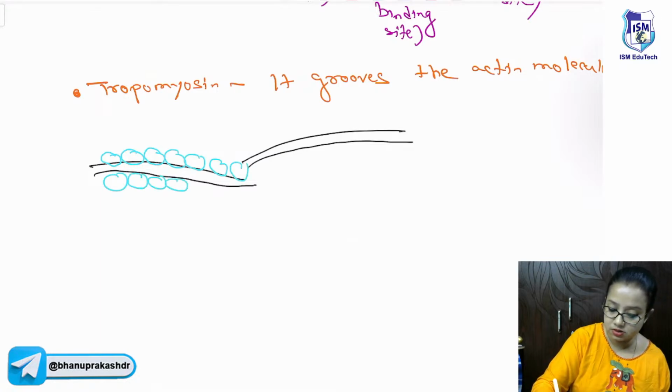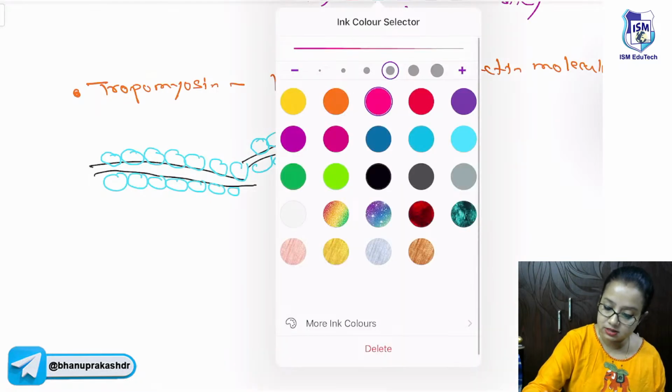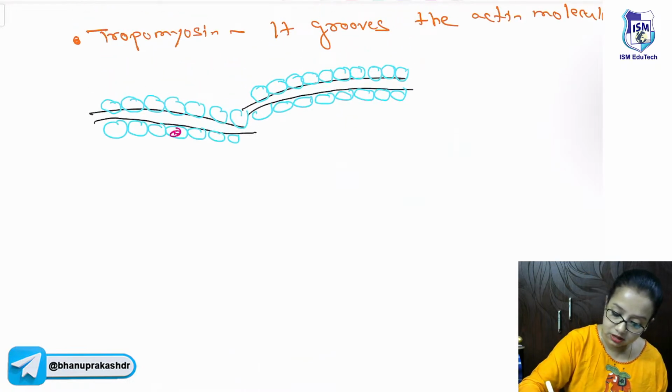Okay, this is how the tropomyosin groups the actin, and here lie the troponins.